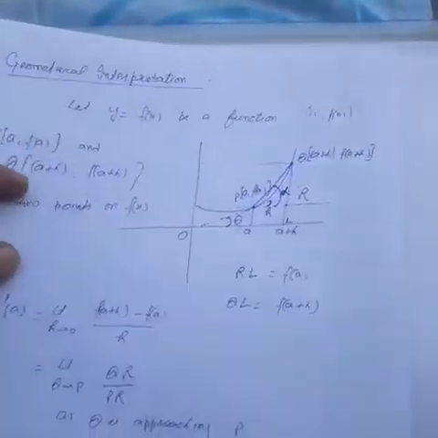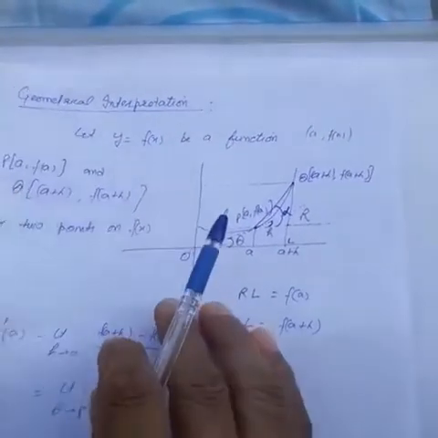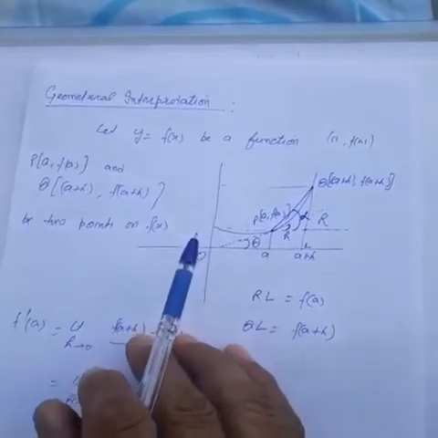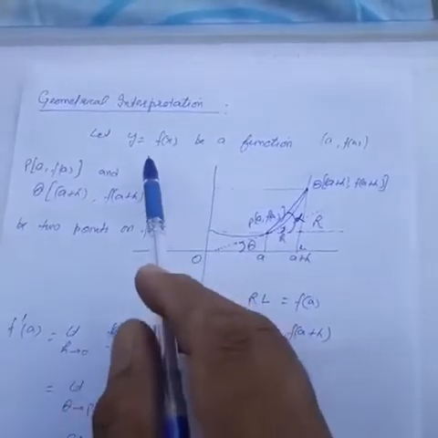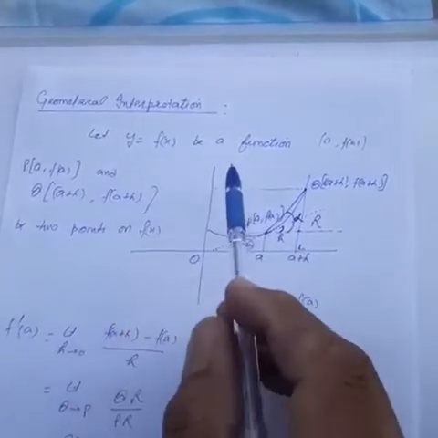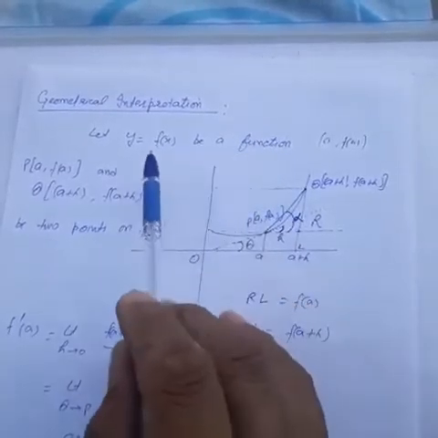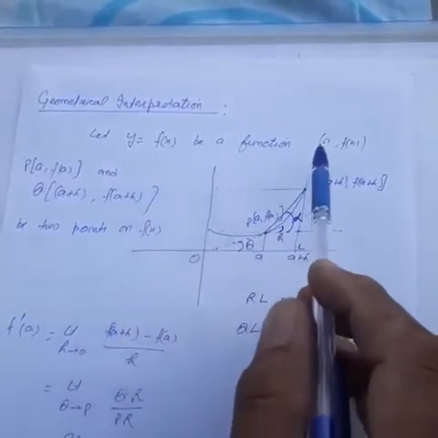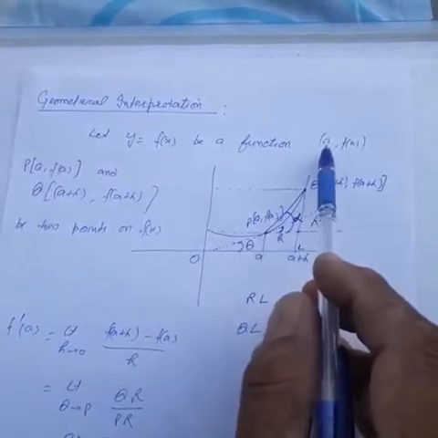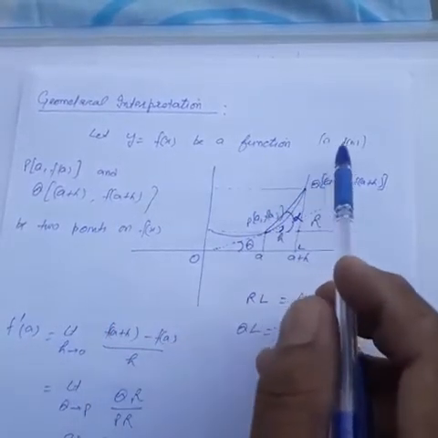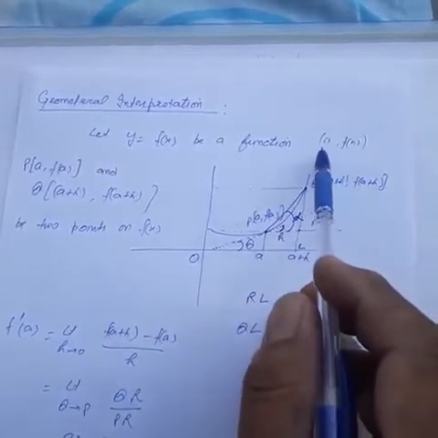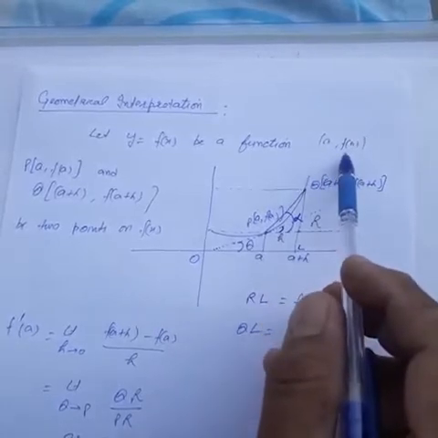Now the geometrical interpretation. What is the derivative geometrically? Let y equals f of x be any curve, and suppose x is equal to a, then the image of a will be f of a. You can understand this is the x coordinate, this is the y coordinate.